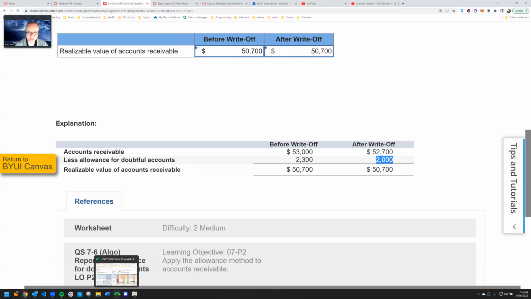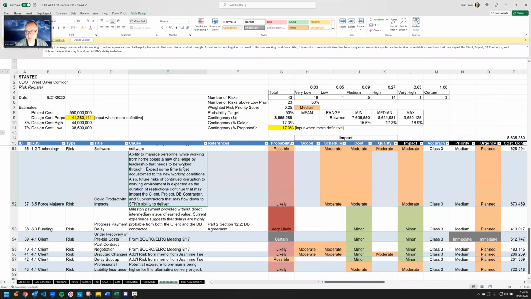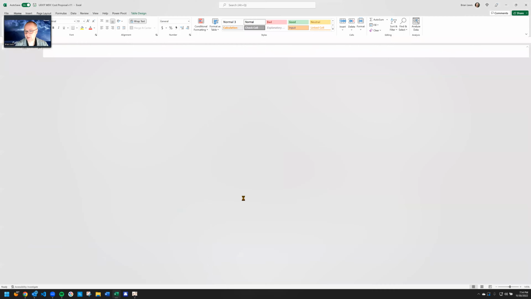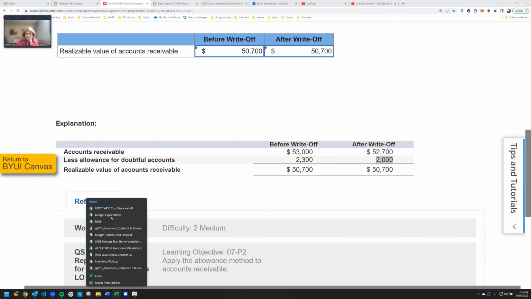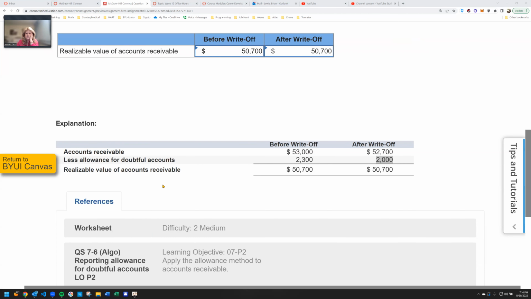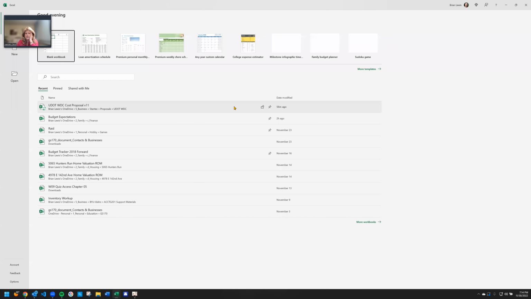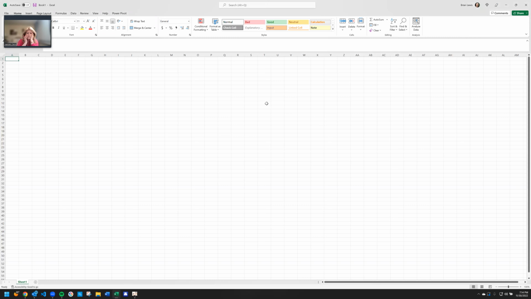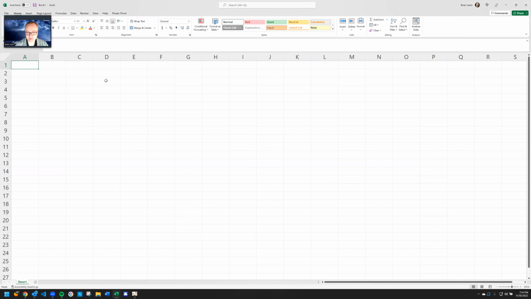So, the journal entry effectively, I don't want this. Let's see if I can get it. So then where did the 2,000 come from? So I got the 3,000. Oops. Yeah, so in this case, your AR balance is 5,300, 53,000. And then the allowance is 2,700, right?